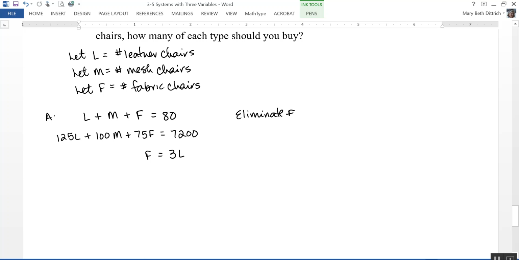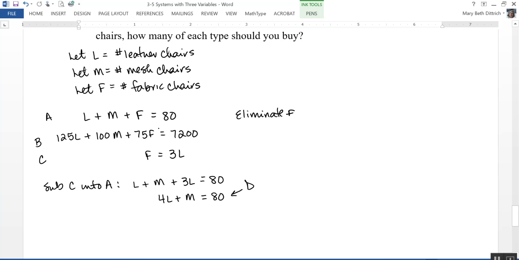So let's make that one A. Let's make this one B. And we'll make this one C. Okay, so I'm going to substitute C into A. And when I do that, I'm going to get L plus M plus 3L. I put in 3L for F. Gives me 80. Or 4L plus M is equal to 80. And I'm going to call that equation D because I'm going to use that one.